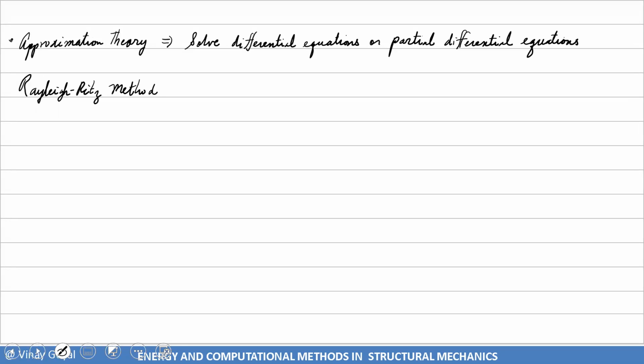If you have not taken a class on this, let's consider a functional first. Consider the functional I of w(x), x from 0 to L, 1/2 EI w prime squared.